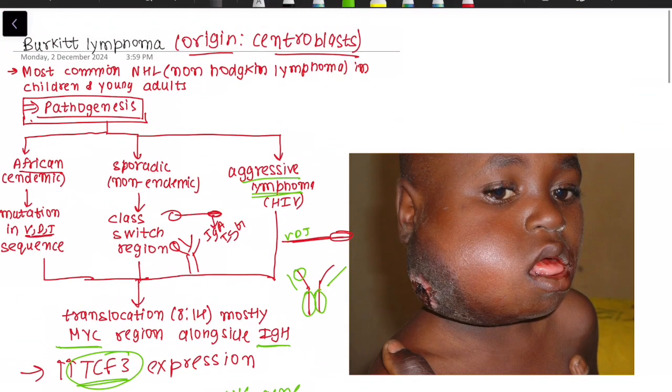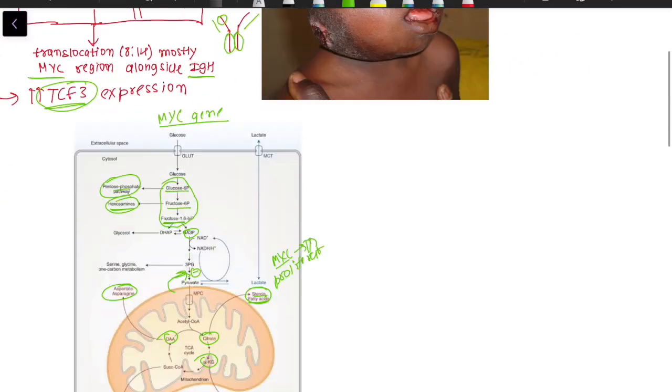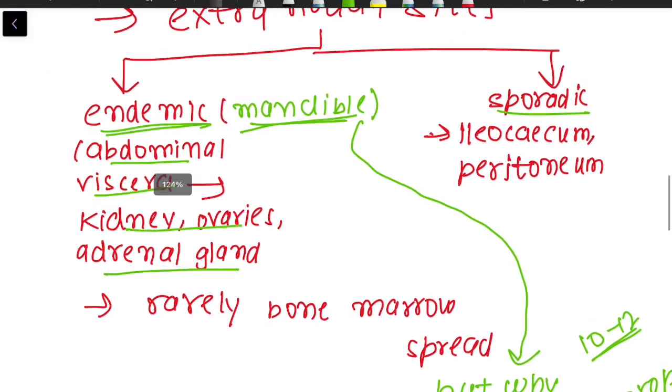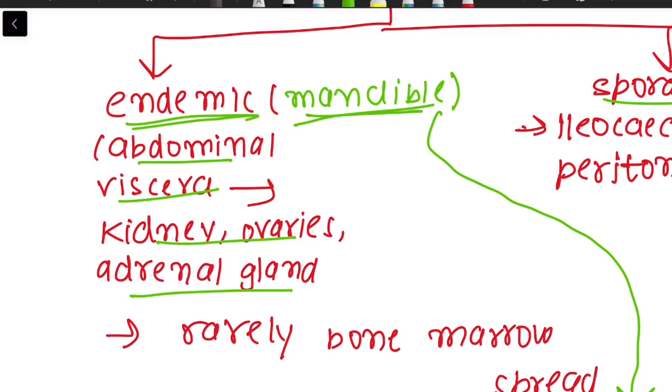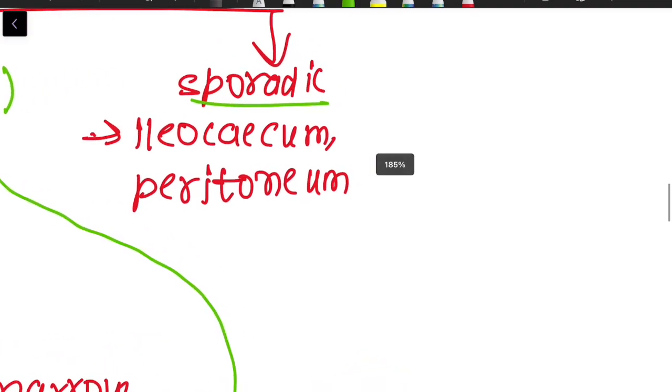You can see this kid here, an African kid, and you can see that the mandibular presentation here is very prominent. There is also involvement of abdominal viscera, in which the lymphoma cells spread to the kidney, ovaries and adrenal gland. And in the sporadic cases, they spread in the ileocecal region.